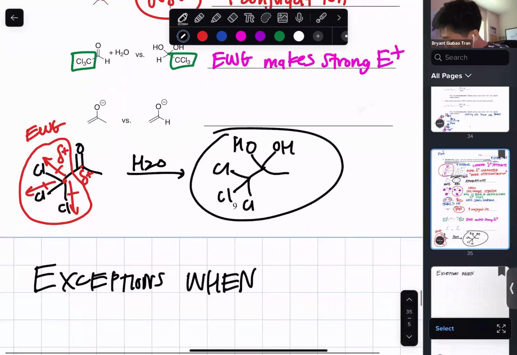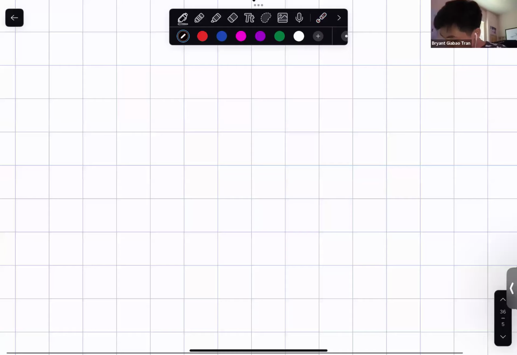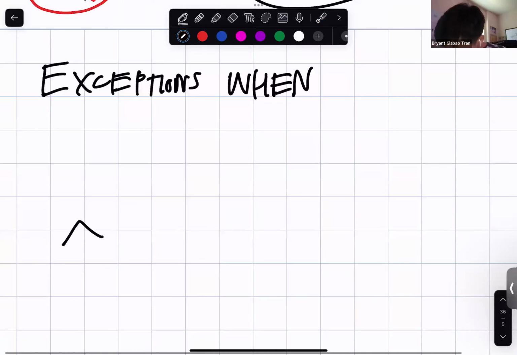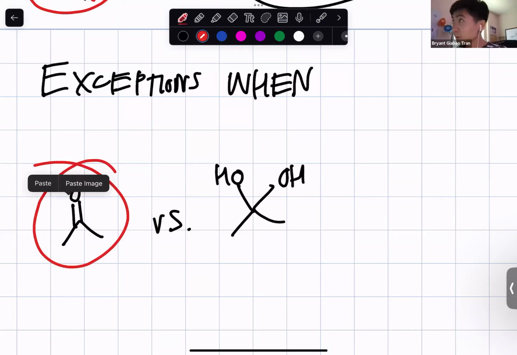So usually the carbonyl is going to be major over the geminal diol, right? If we have this carbonyl versus this geminal diol here, the carbonyl would be more stable.